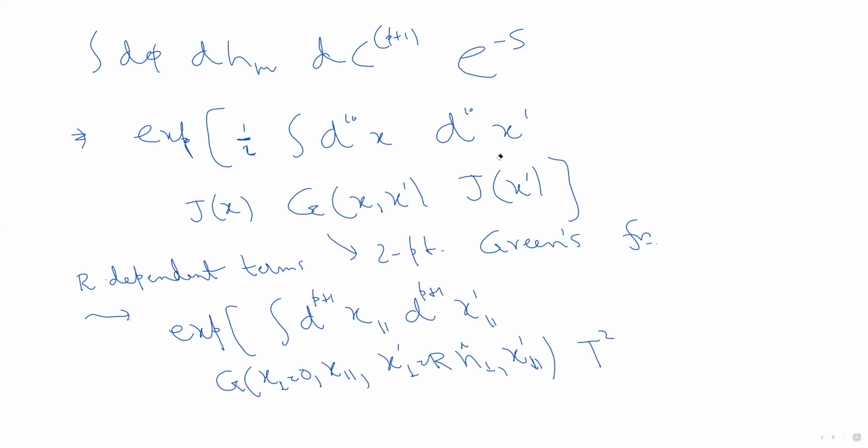And G will have two pieces, NS and RR. Now this will depend only on the difference between x prime and x, just by translation difference along the plane order.